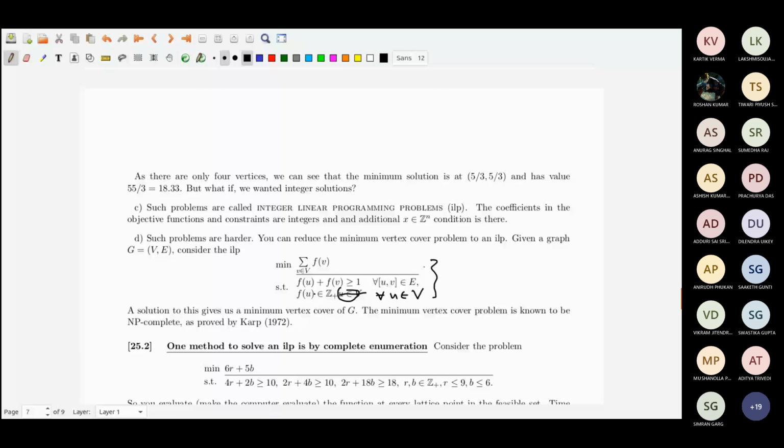So you want to minimize the total sum of the numbers written near the vertices with the condition that the sum at the end vertices of any edge is at least 1. Well, that will give you a vertex cover only, the minimum vertex cover.